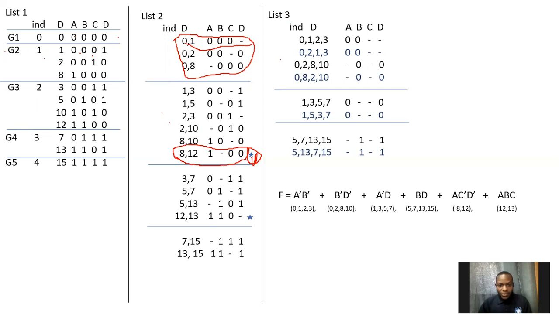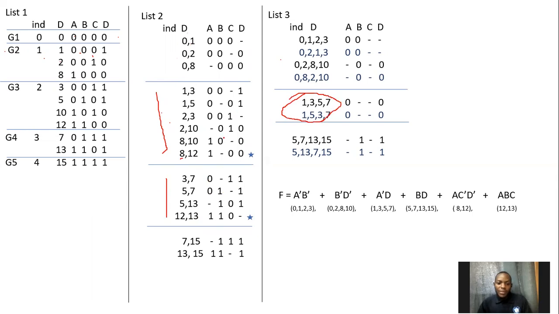This asterisk will help us because this 8,12 has to be found in the final answer. That's why we have indicated the asterisk there, to help us identify which group didn't combine with any group. In this group with this group, we are having this group here.